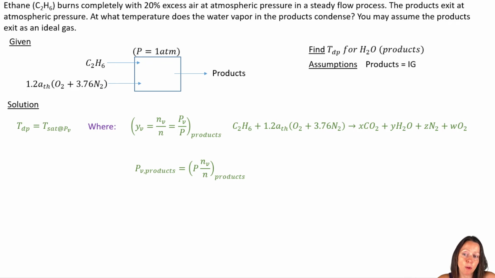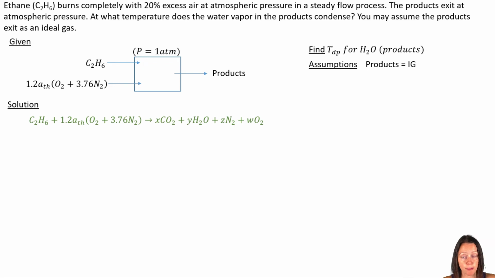So the number of moles of water vapor in my products is just going to be Y when I solve for this equation here, and the number of moles in my mixture for the products is going to be X plus Y plus Z plus W. So I've got my governing equation. I'm ready to go. All right, so here's my fill in the blank answer.